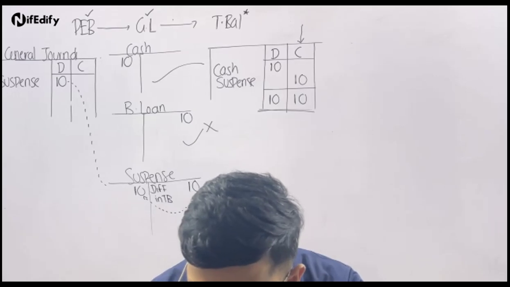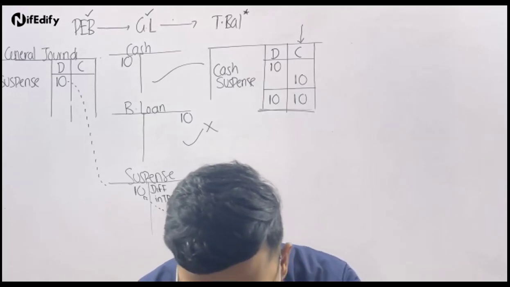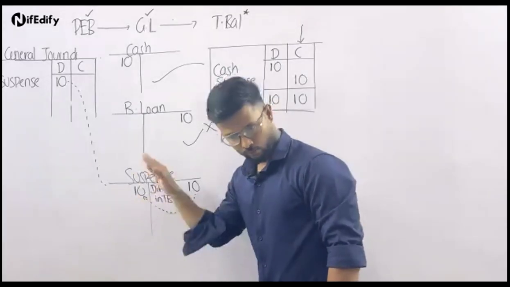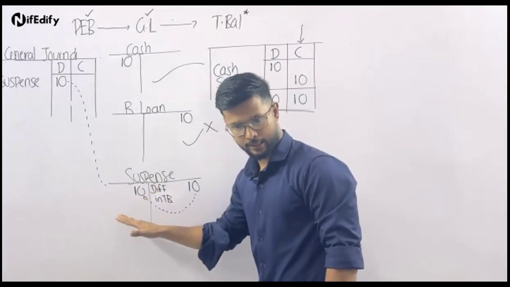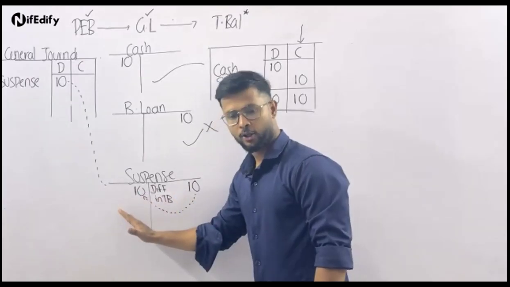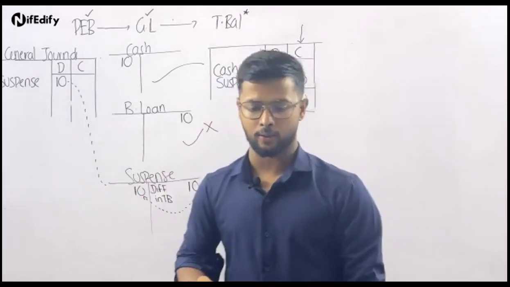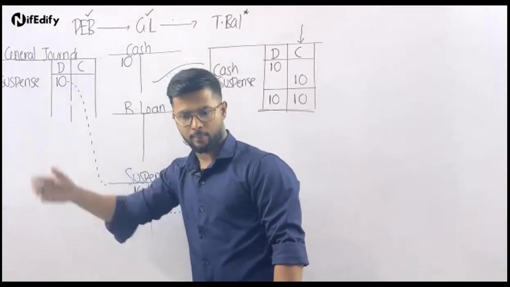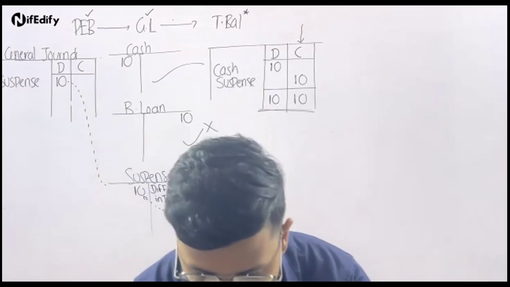The suspense account I debited. Now the suspense is deleted. Once you debit the suspense, the suspense will be deleted. So now the suspense is sorted. Suspense account debit, bank loan account credit. Do I need to credit the bank loan account? That's my question. What do you think?